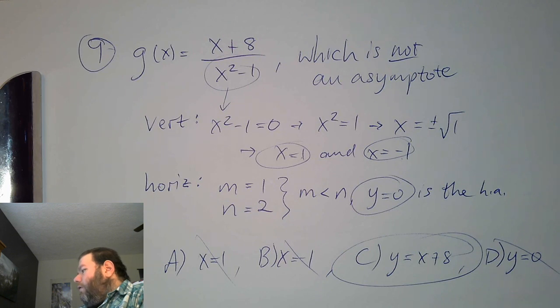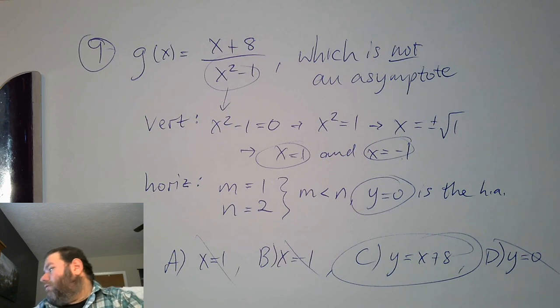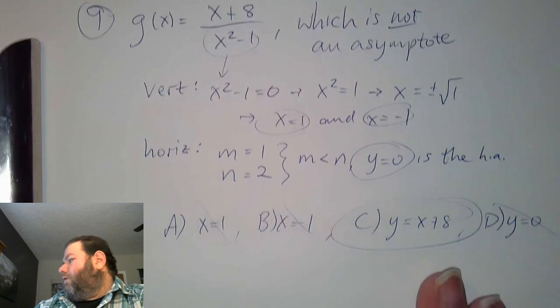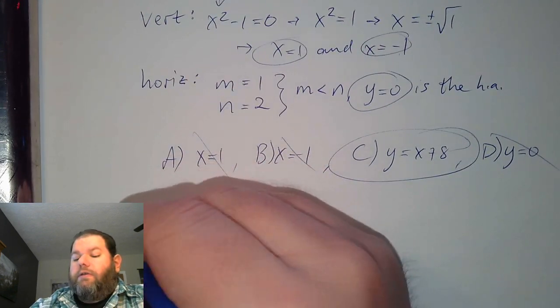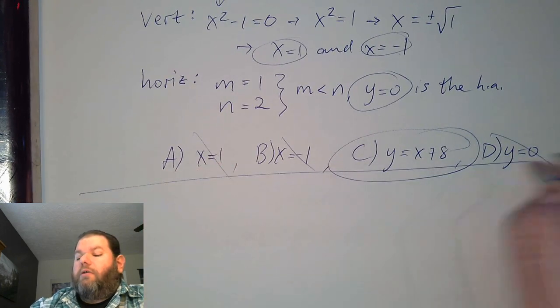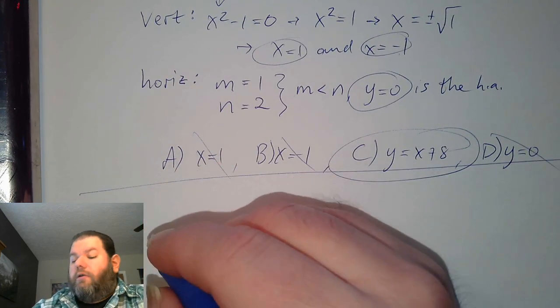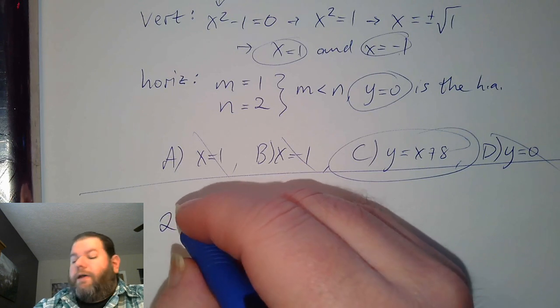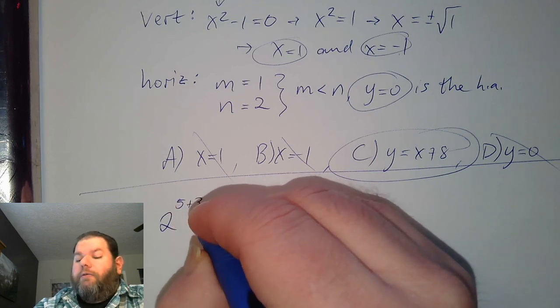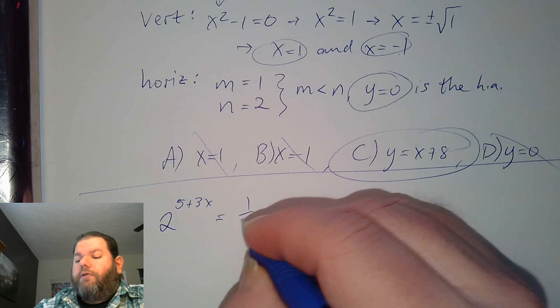All right. 11. Let's see. 2 to the 5 plus 3x equals 1 over 16.